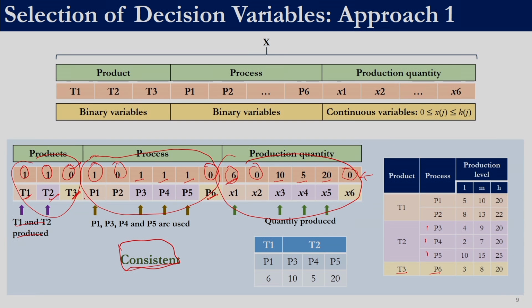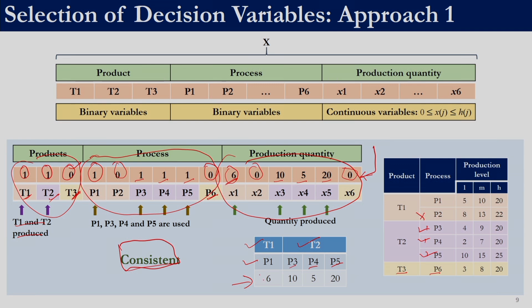What this solution basically tells us is that product T1 and product T2 are produced. We are using process 1 for product 1, we are not using process 2, and for product 2 we are using all the 3 processes, P3, P4, P5, and this is the production quantity: 6, 10, 5, 20. If we get a solution like this, we can decode that solution.